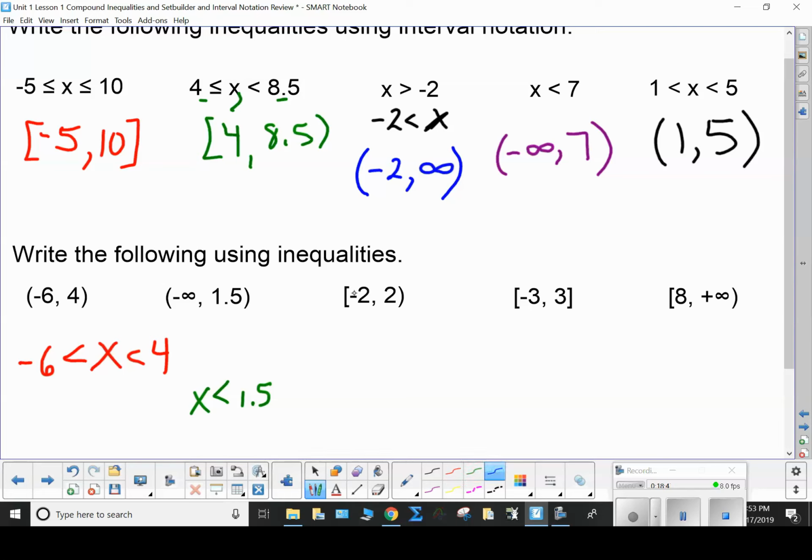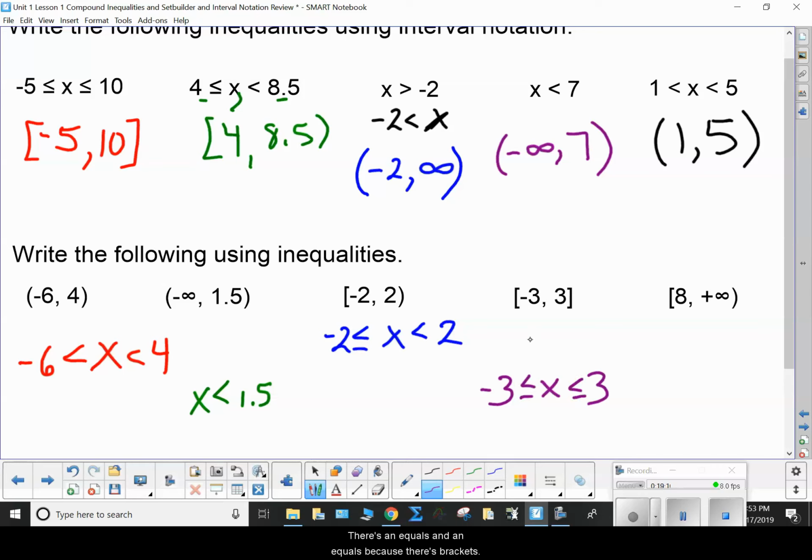Next, number, x, number. This has got an equals. There's no equals. See how easy that is? Here we have -3, variable, number. There's an equals and an equals because there's brackets. Notice the brackets tell me that I've got the equals.